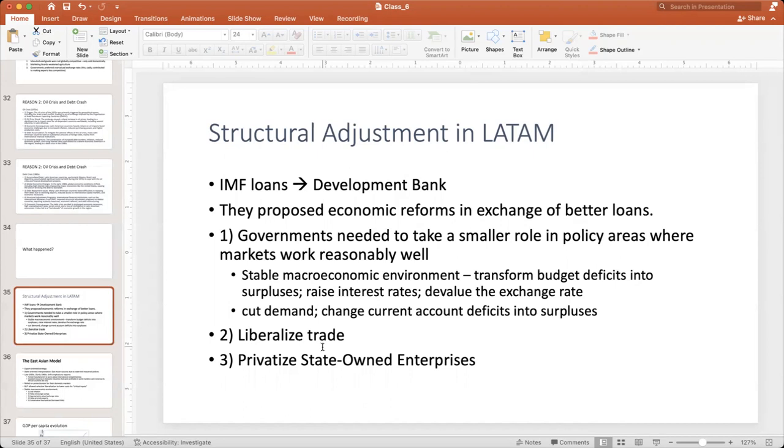Why? Because they were bankrupt. So, and the IMF is a development bank. It's not a commercial bank. It's not Chase Bank or Citibank and so on and so forth. The main difference between the IMF and a commercial bank is that the IMF lends money to countries. This is the main difference.